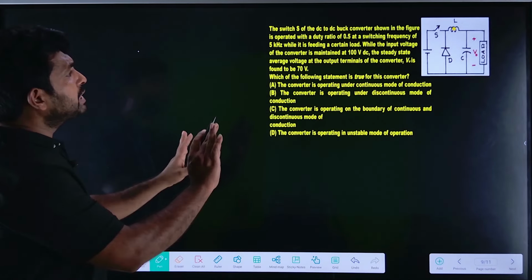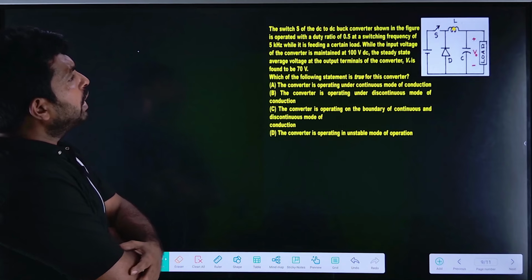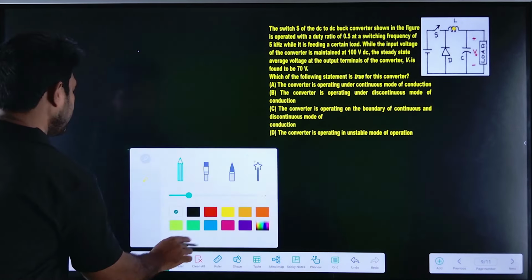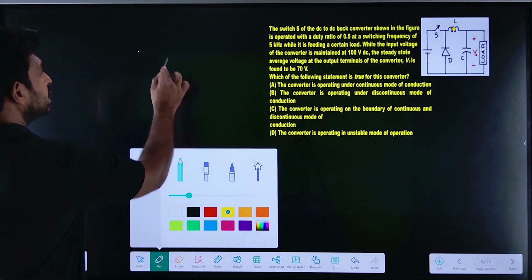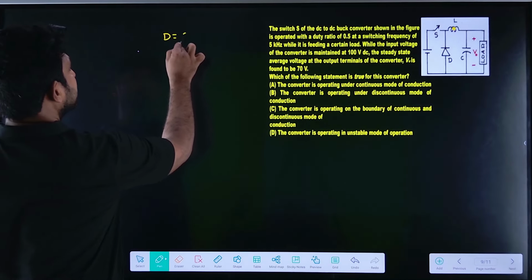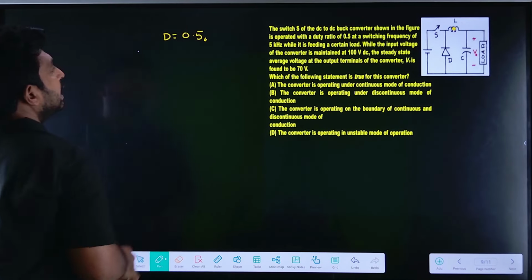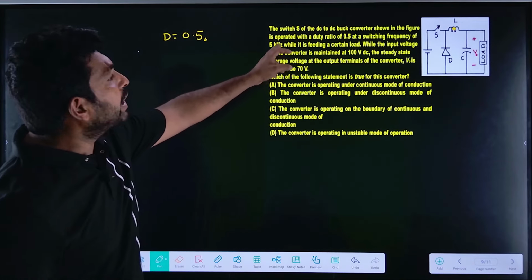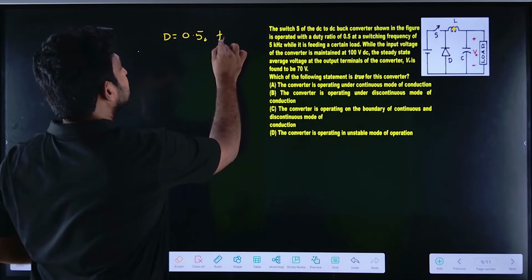If the inductor is placed on the load side, it is a buck converter. It is operating at the duty ratio 0.5, D is given as 0.5. What is the source voltage they have given? The frequency is given as 5 kHz.